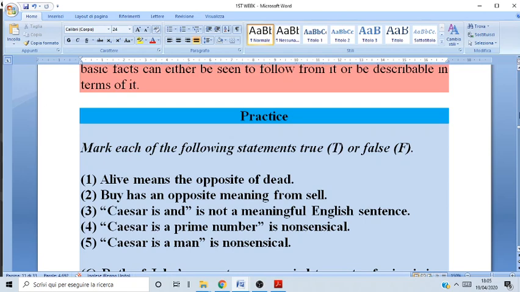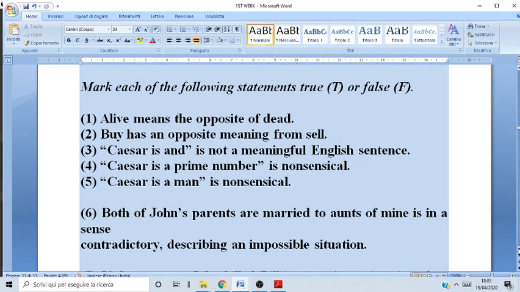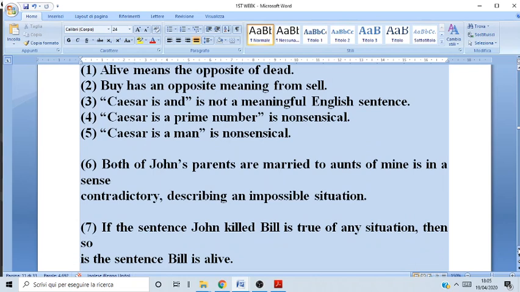Caesar is a prime number is nonsensical. And Caesar is a man is nonsensical. Both of John's parents are married to aunts of mine is, in a sense, contradictory, describing an impossible situation.